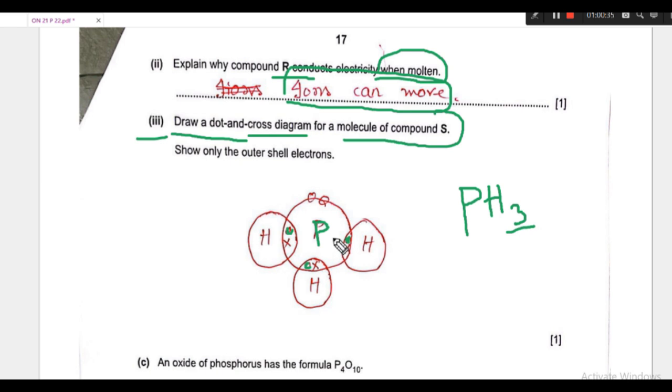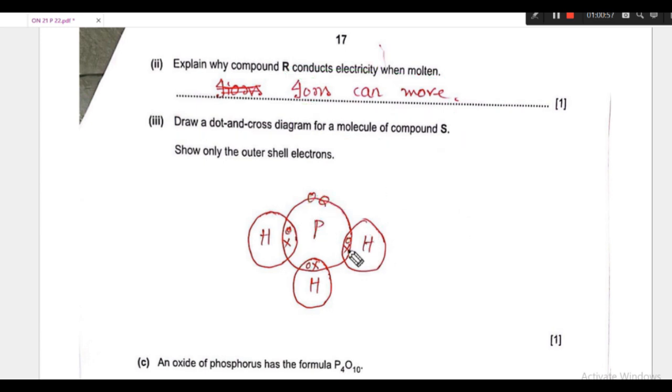Phosphorus is a group 5 element, so it has 5 electrons in its outer shell. 1, 2, 3, remaining 2 here. This is a non-bonding or lone pair of electrons, electrons which do not form a bond. And hydrogen only has 1 electron, shown as a cross, 1, 2, 3. This is the dot and cross diagram of a molecule of S, phosphine.